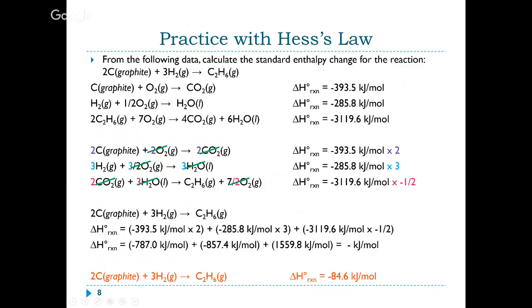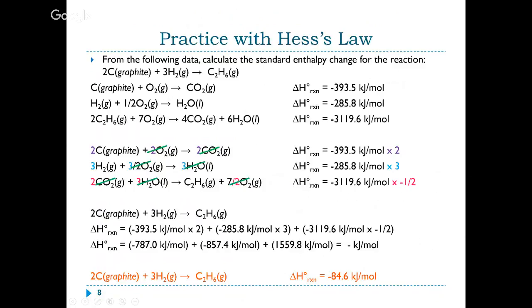Then I go through to check to make sure that I did indeed get to my balanced equation. My graphite, my hydrogen, and my ethane should remain because that's the equation I'm trying to get to. So then I look here and I see I have 2 moles of oxygen. I have 3/2 moles of oxygen. That's the same thing as saying 3.5 moles of oxygen. 7/2 is the same as 3.5 moles of oxygen.